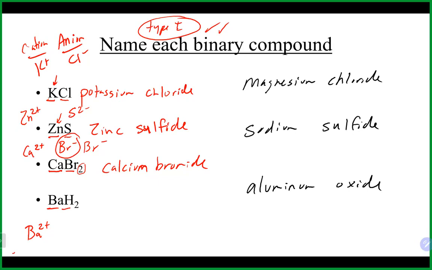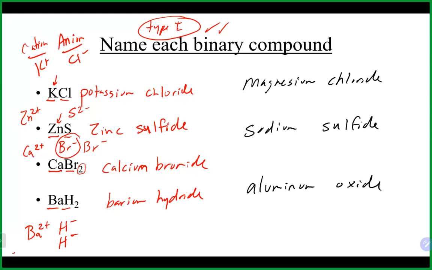So if you see hydrogen after a metal in a formula, it's going to be the negative version of it. And again, that is why there's a 2 there, because we do need 2 of them to balance out the charge. And this would then be barium hydride. Any questions on that there?